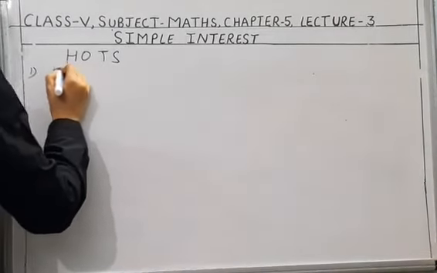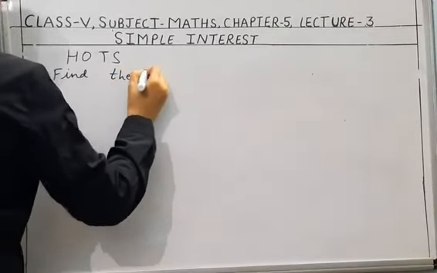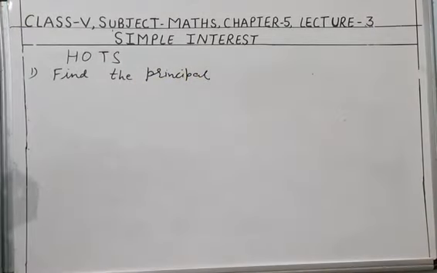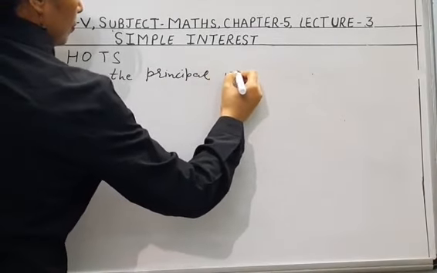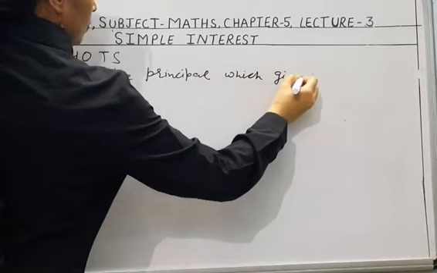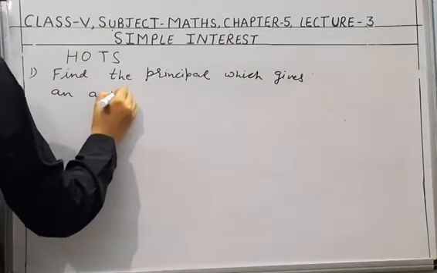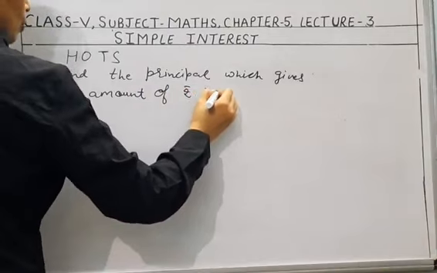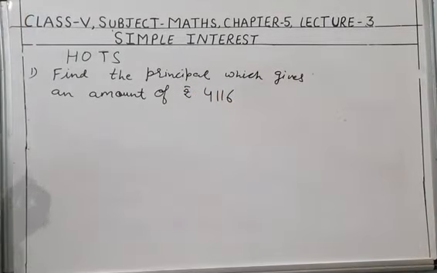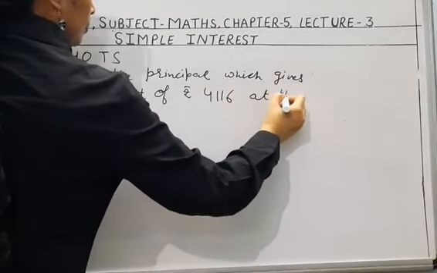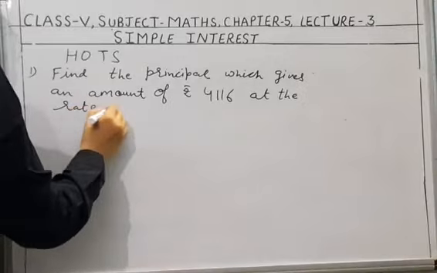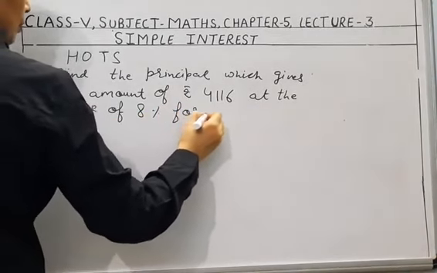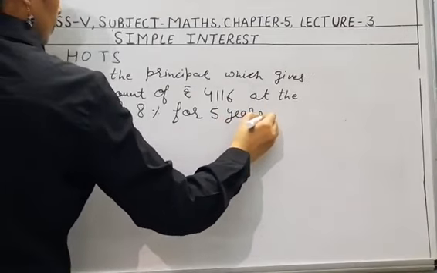Find the principal which gives an amount of rupees 4,116 at the rate of 8% for 5 years.